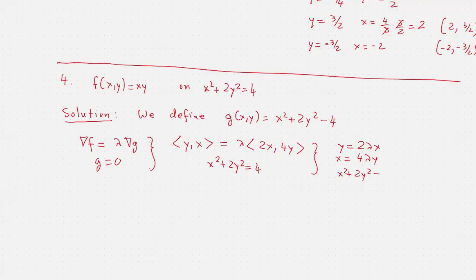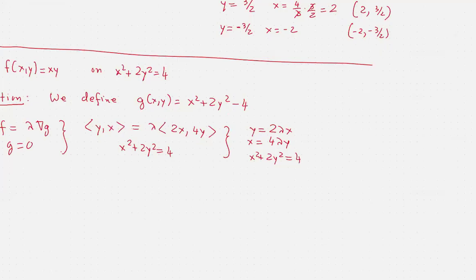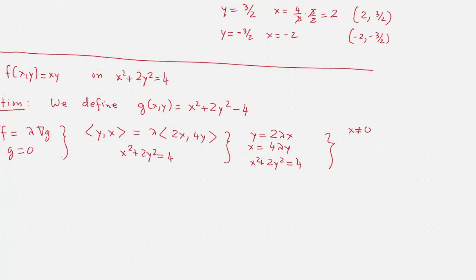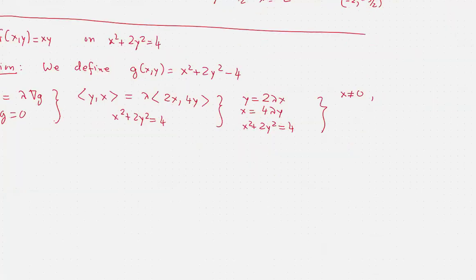So here again, we have a simple reasoning that x cannot be 0. Why can't x be 0? If x were 0, then the first equation would imply that y is 0, and they cannot be both 0 because they could never fit the constraint. And y cannot be 0 for the same reason. Now we use the second equation.